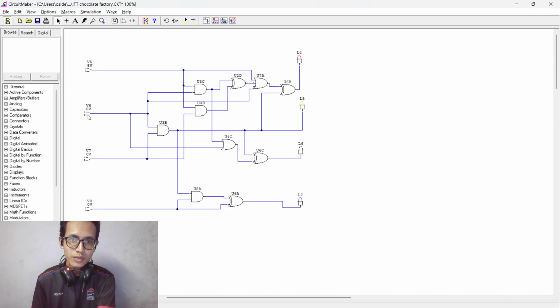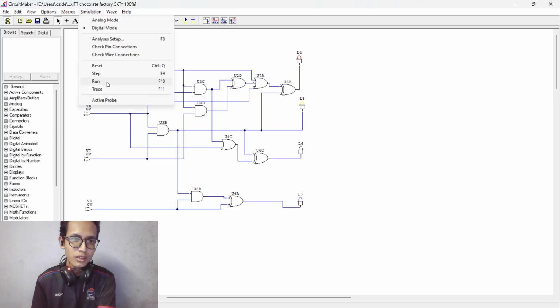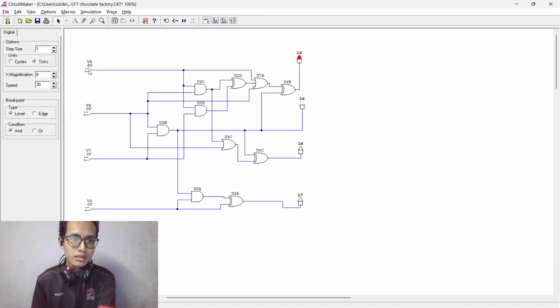A1 is going to activate this one and this one. This is the critical alert. And if I deactivate this one, it's still going to keep activating the siren since the humidity is still too high.